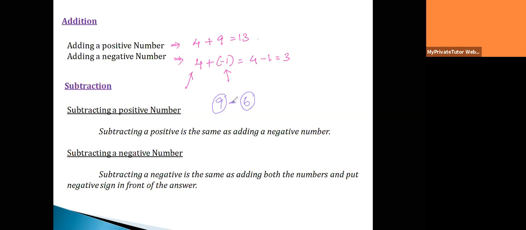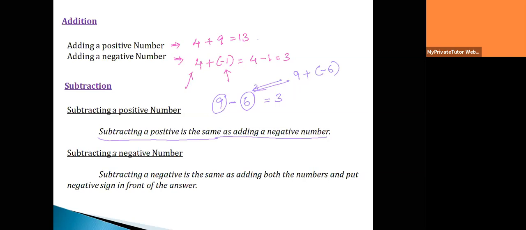So this is the symbol of subtraction. So 9 minus 6 would be 3. So subtracting a positive number is the same as adding the negative number. Can we write this as 9 plus minus 6? We can, right? So this is nothing but 9 minus 6.